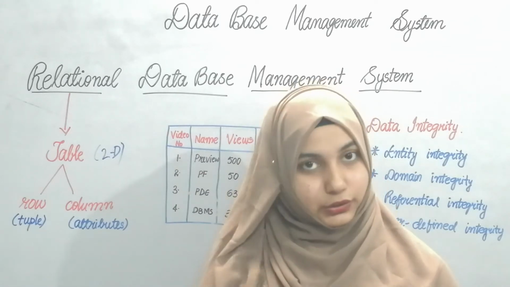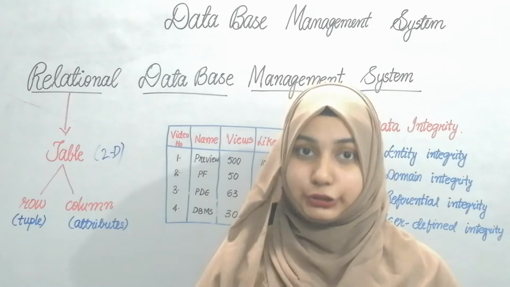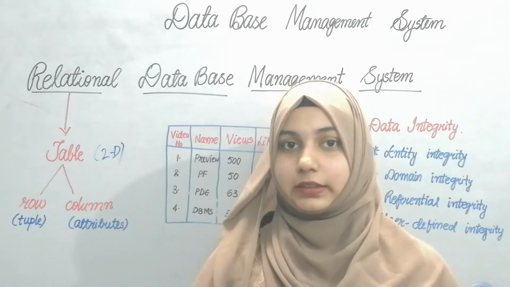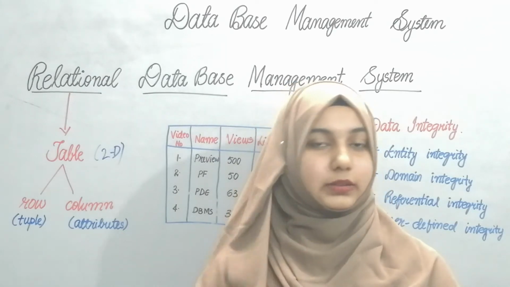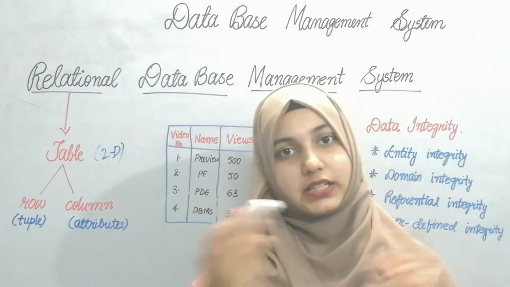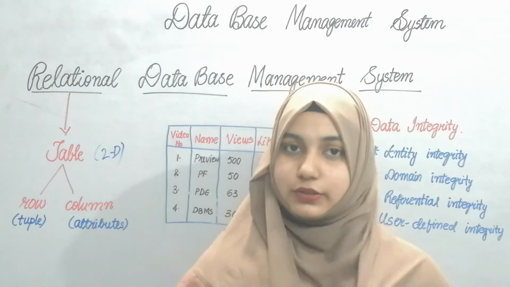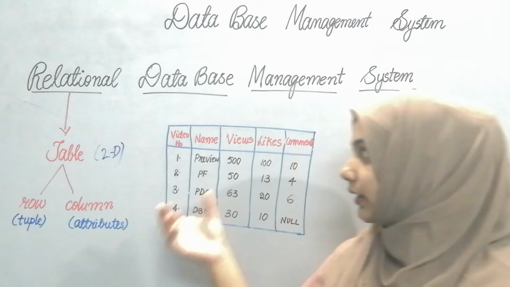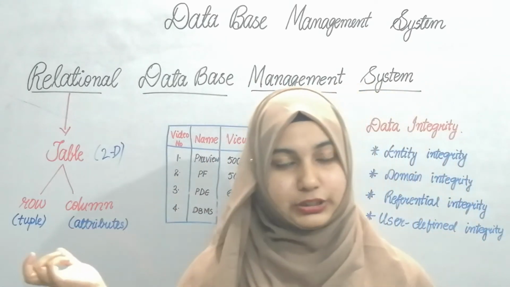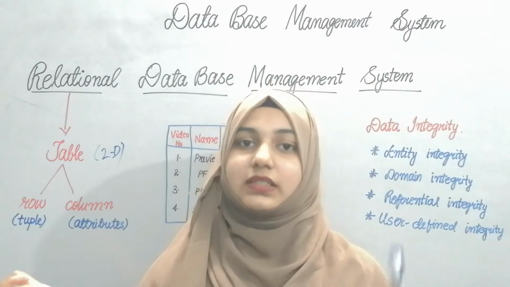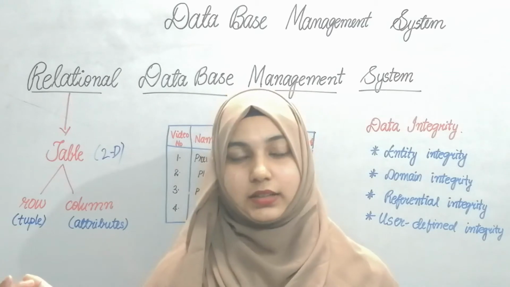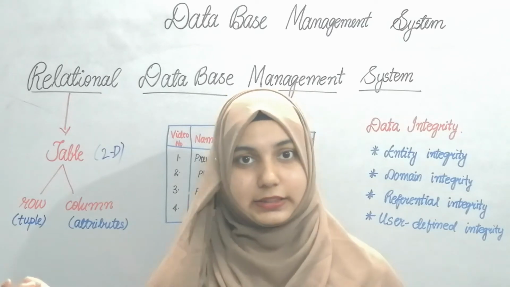It helps in security. It helps in maintaining the uniqueness of the data. And the data is not redundant. If the data is not redundant, the data will be consistent, right? So all these advantages we get under RDBMS, Relational Database Management System. Why? Because it is very easy to understand. It is simple and easy to understand.